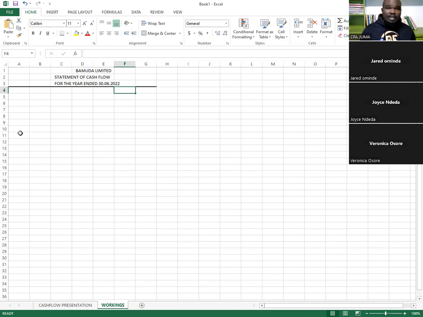So the 2 columns here, we have shillings in millions. Shillings are in millions. There.